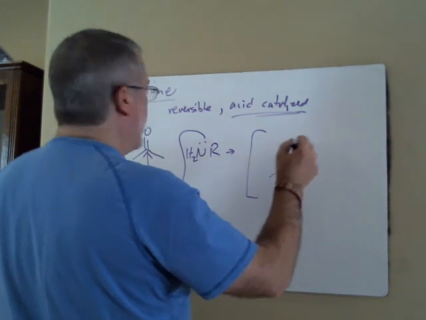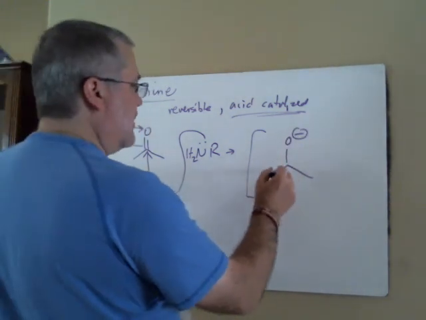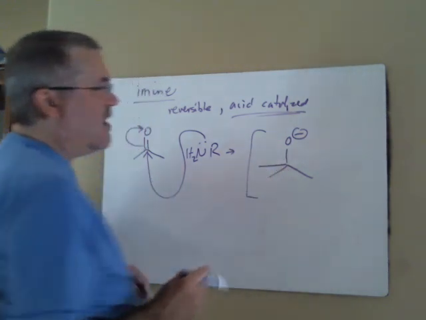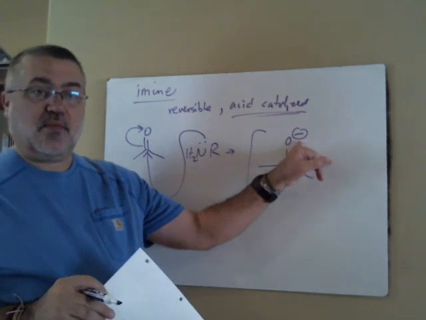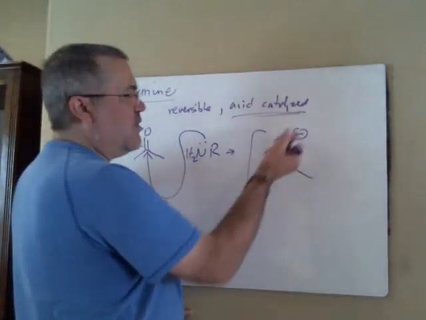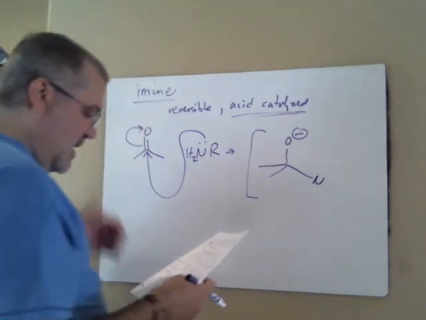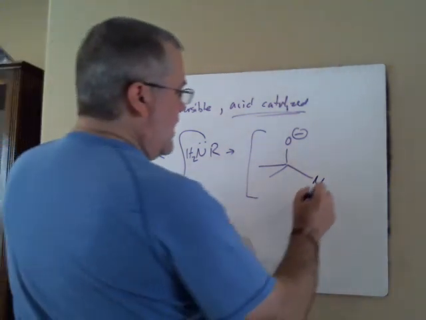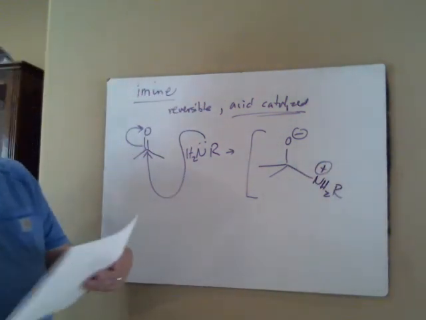So you're going to see we're going to have a little different thing form, because with my two R groups like that, we are going to get the normal tetrahedral intermediate with the minus charge on our oxygen because we've moved the electrons up there. But now we have this neutral amine that has added, right? And so it's going to look like this. It's going to have a plus charge on it.